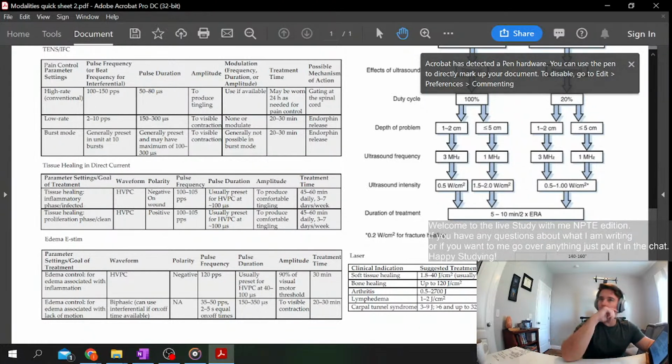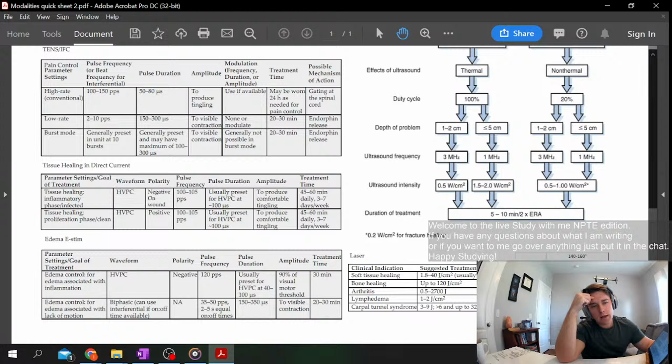I think that's all the questions I've ever seen on that, whether it was negative or positive in the wound bed, and whether it was HVPC versus alternating current. So high voltage pulsed current, which is HVPC. I think that's all that I've seen on that.